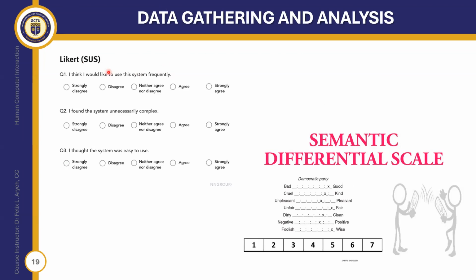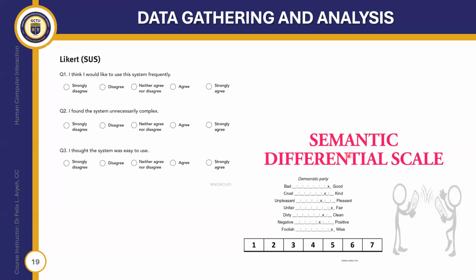So for the Likert, you can see participants can express their level of agreement or disagreement with the statements using a range of response options. So, I think I would like to use this system. I strongly agree, disagree. So this is an example of a Likert scale.